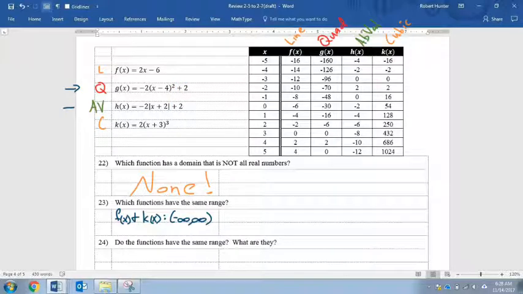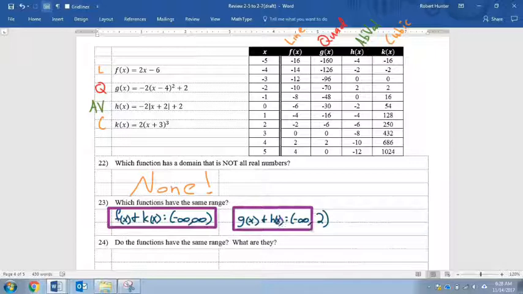So g of x and h of x are from negative infinity up to positive 2. So these two have the same range, and these two have the same range.